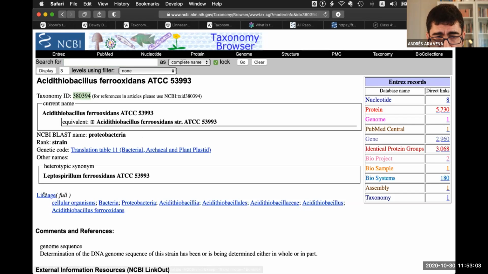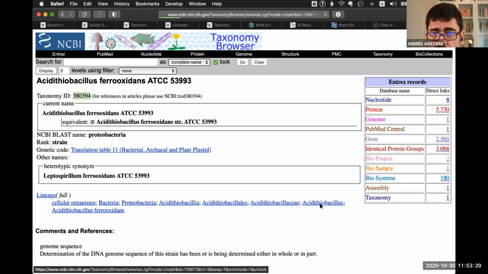So here you have the lineage, as we say, all the ancestors. You start with cellular organism, bacteria. You see superkingdom, phylum, class, order, family, genus, and species. And this one in particular is inside the species. This is a strain, a kind of subspecies.